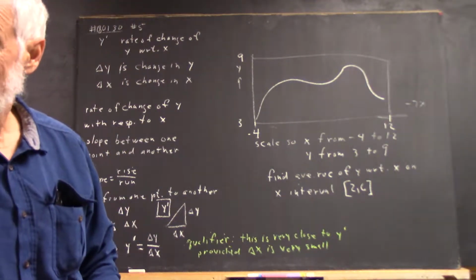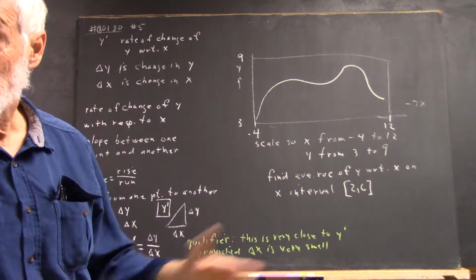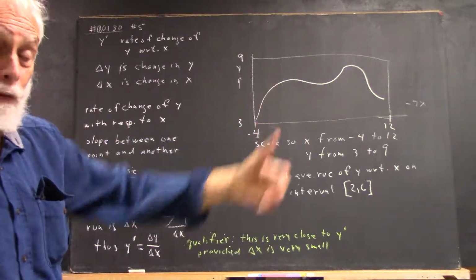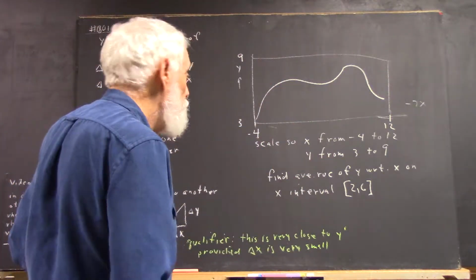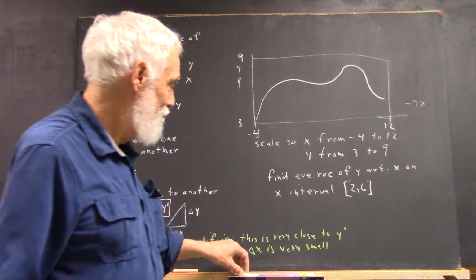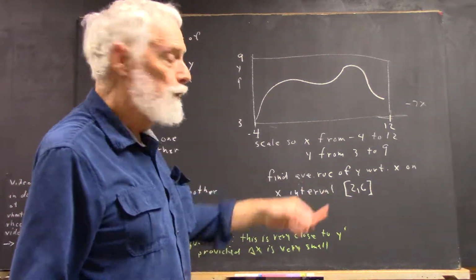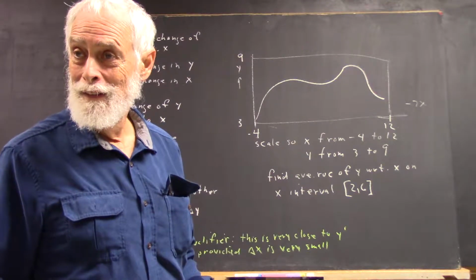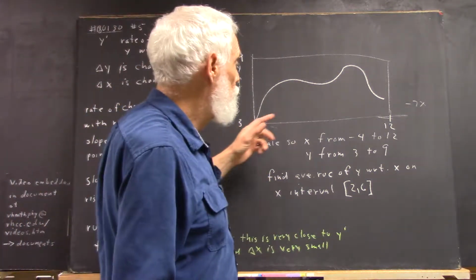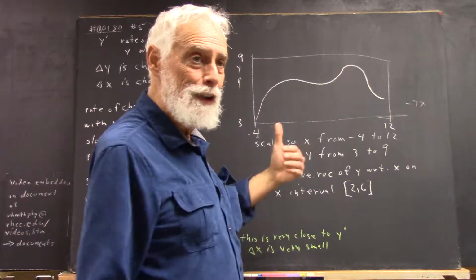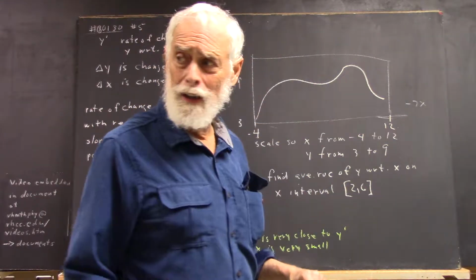From -4 up to 12 is 16. And from -4 to 2 is how far? 6, right? So from -4 to 2 is 6, and from -4 to 12 is 16.